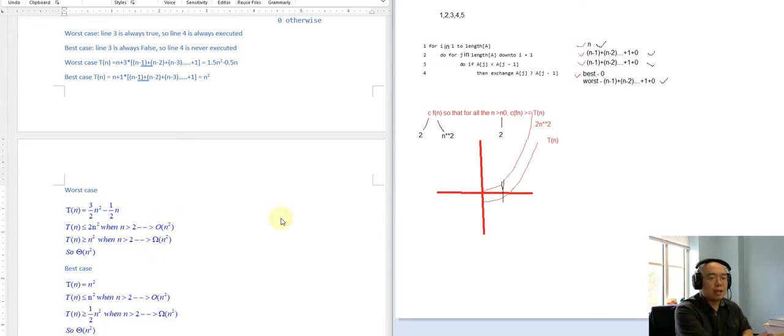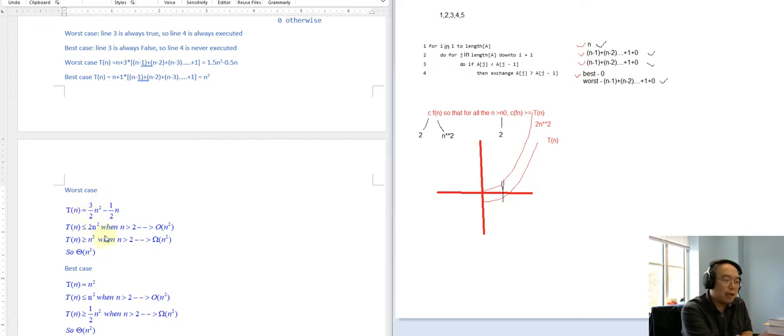And after that, you also want to find a lower bound. So for the lower bound, I see this is a 1.5 n squared. So if I want to make the most significant part grow slower, I can choose to do 1 n squared instead of 1.5 n squared.